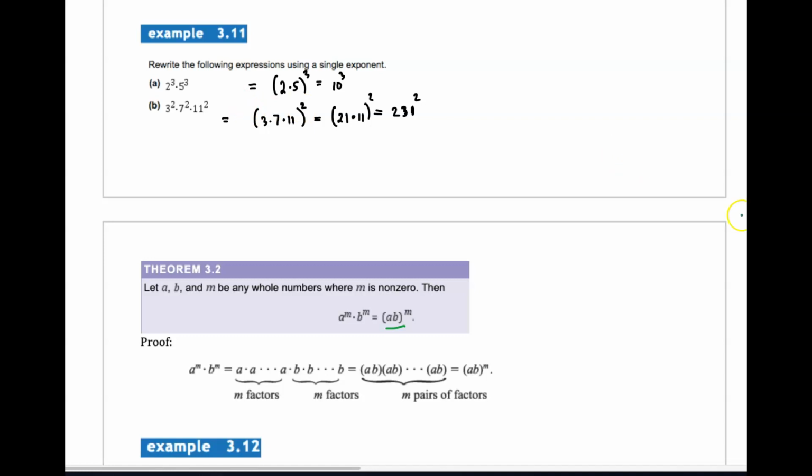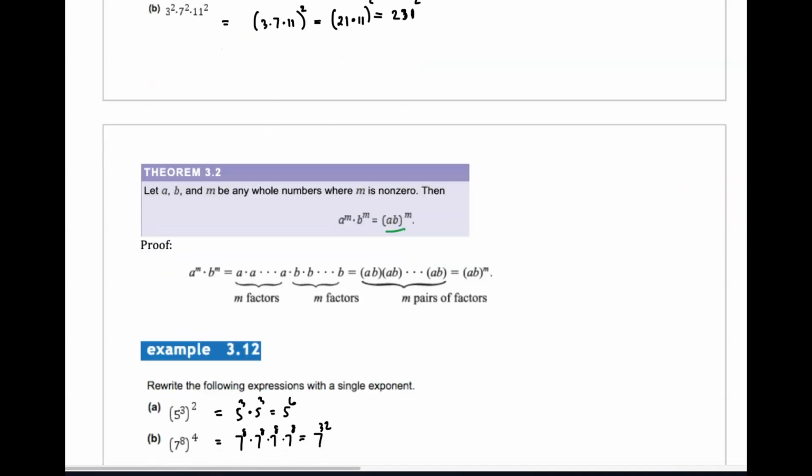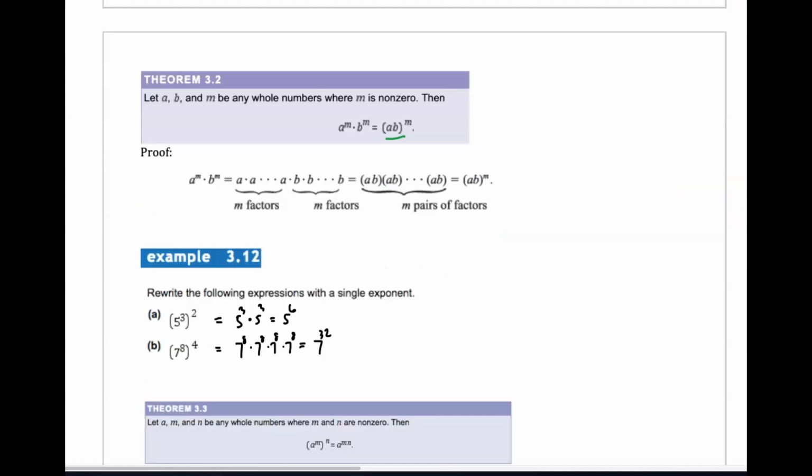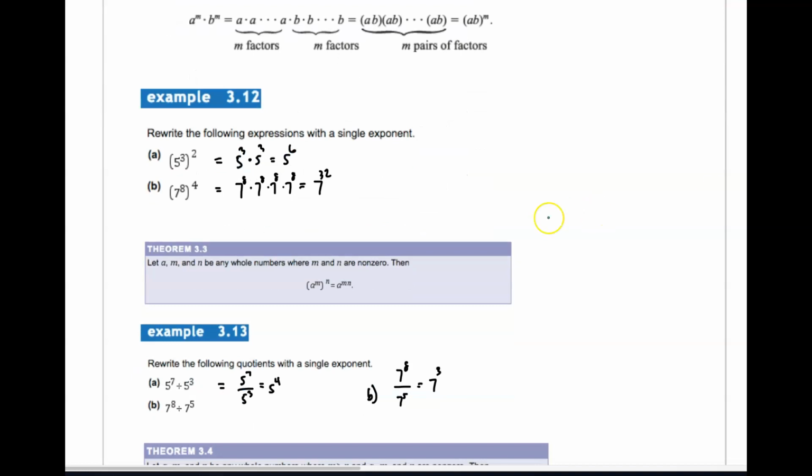And then we have an exponent raised to an exponent. We have that rule there, and the shortcut is to multiply them. Again, just to show you why the rule is just a shortcut, this means 5 to the power of 3 times 5 to the power of 3.